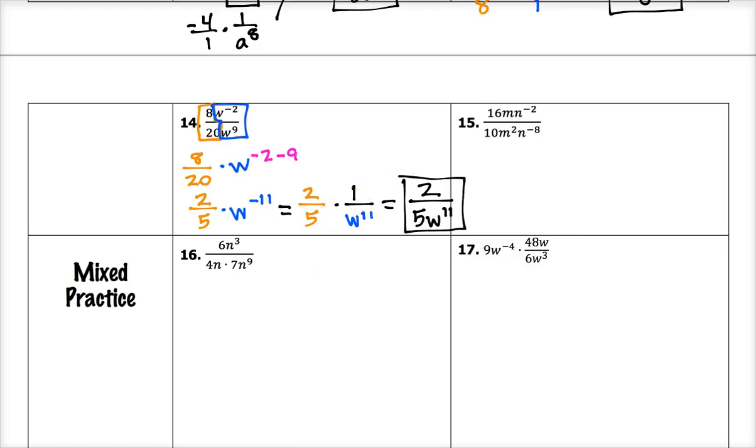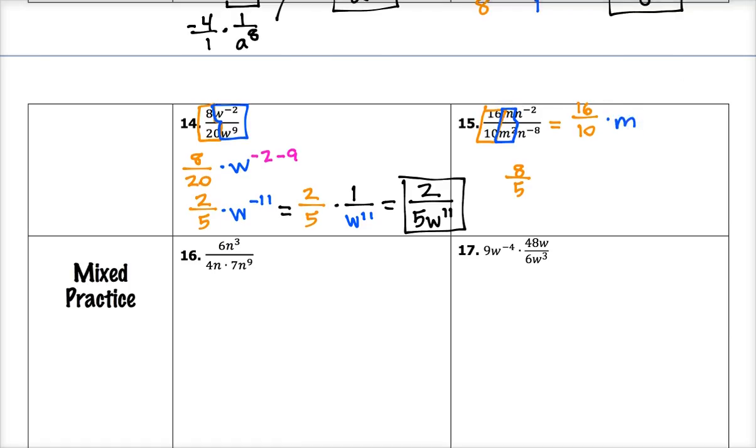Number 15, 16 mn to the negative 2 over 10 m squared n to the negative 8. So we have 16 over 10, which reduces to 8 over 5. Next we have m over m squared.